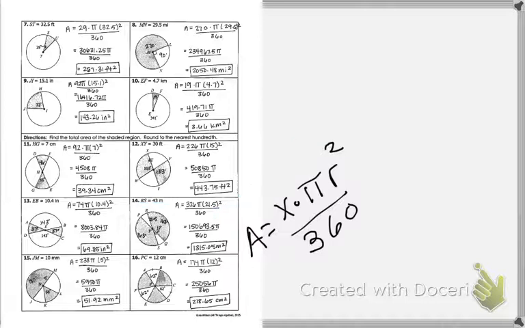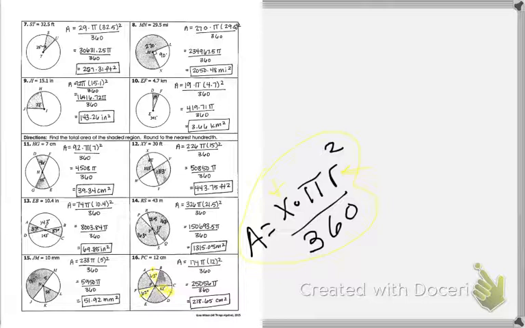Last problem here is number 16. Again, we're still using this equation. We need to get the degrees here, and we need to get the radius. What they give us is 62 degrees here, but then this happens. These are congruency marks. Here, here. So that means each one of these pie slices is 62 degrees.